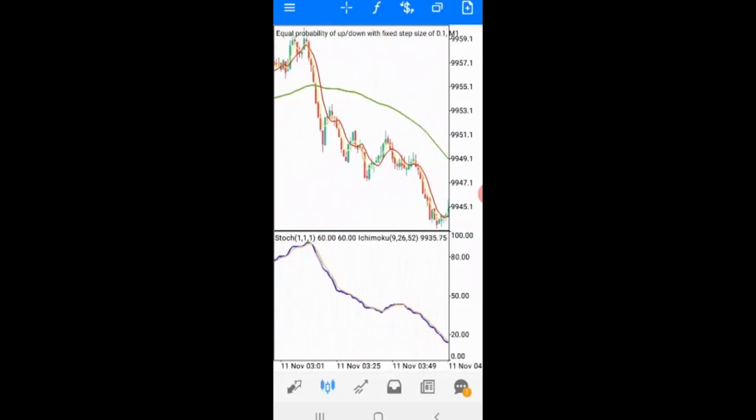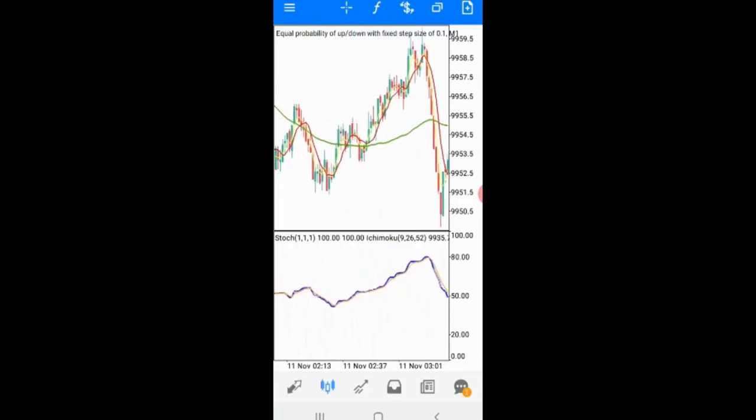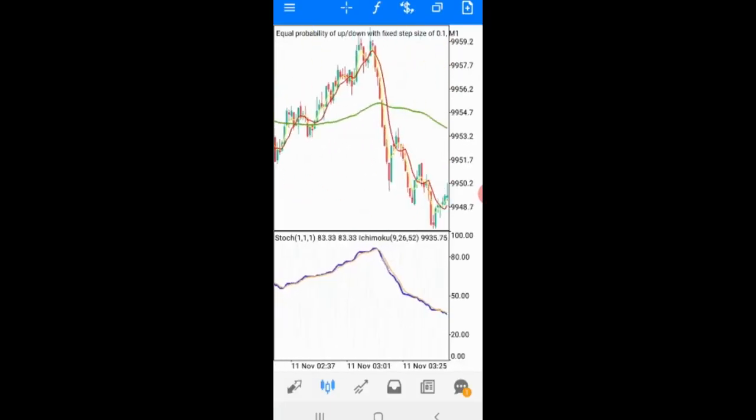Let's take this. This is how to use this strategy. First of all, there are some criteria that need to be met. When this green moving average crosses over this red moving average, it indicates a sell, but it is not yet a confirmed sell.